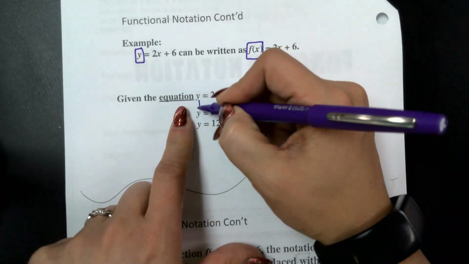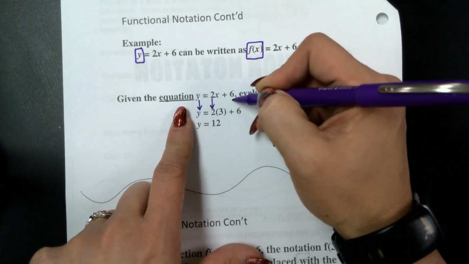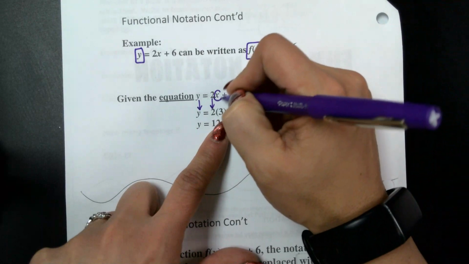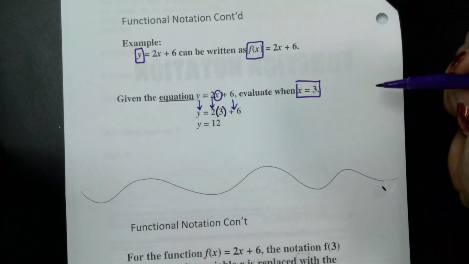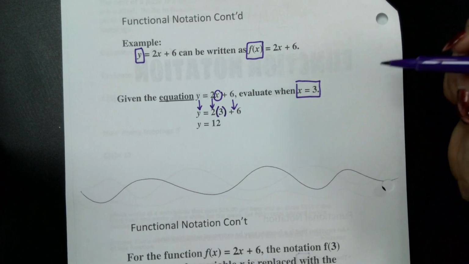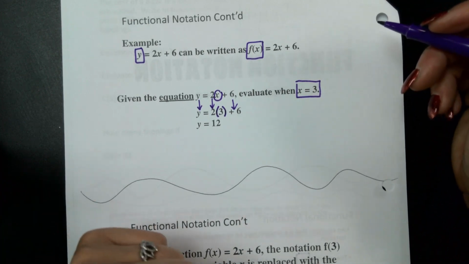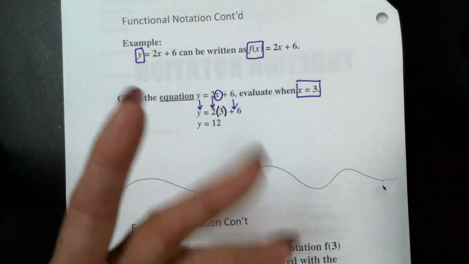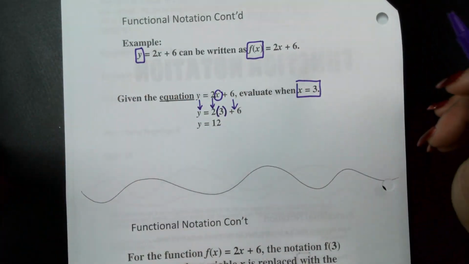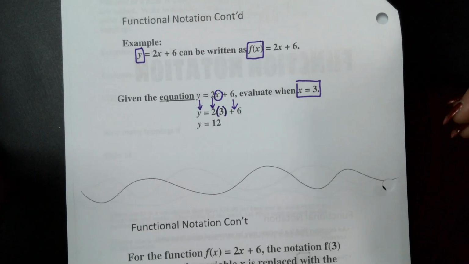They copied down the y, the 2, the plus 6, but where that letter x was, they plugged in the 3. You've done that before. When you did y equals mx plus b, you were used to plugging in a number next to the slope. This is kind of the same thing. If they give you the x, just make sure you plug it in where the x is.